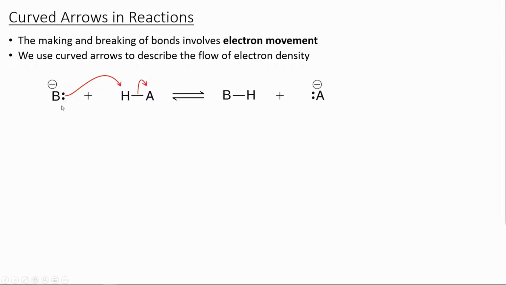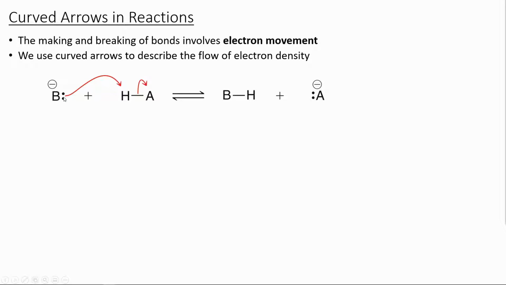Here we have B. This is representing a base. Remember, electrons are flowing from negative to positive. In this case, the positive is represented by the proton, an empty s orbital. Most of the electrons in this bond between the acid and the proton are being pulled towards the acid, an electronegative atom.